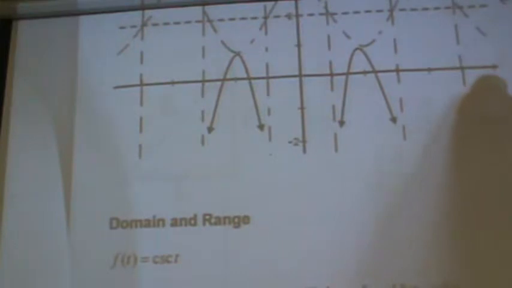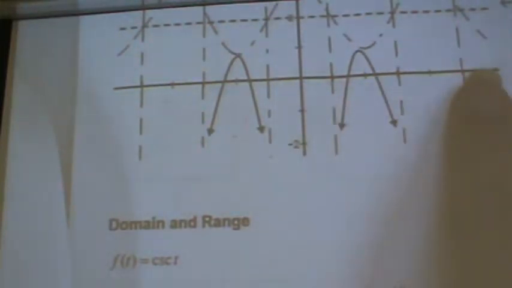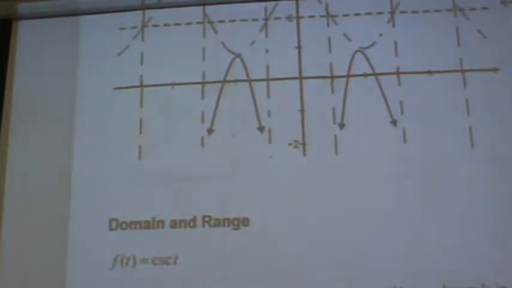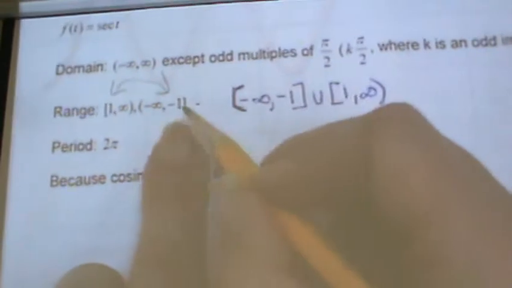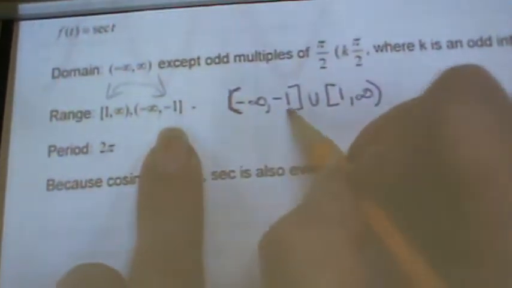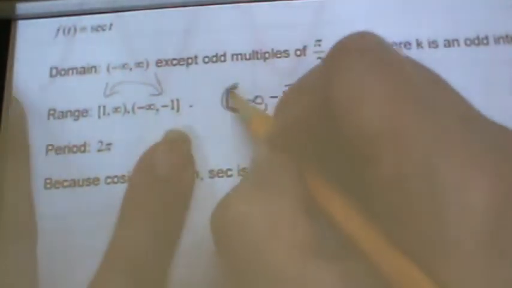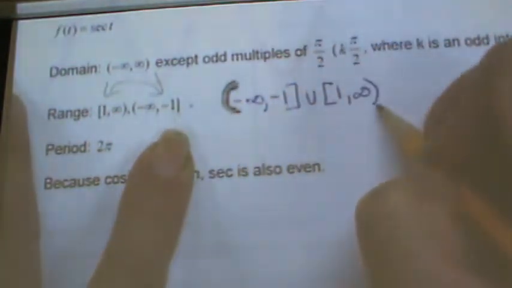So at odd multiples of pi over 2, you're going to have an asymptote. And again, this is messed up. Your range, this should be first. You do your lowest to negative 1 and then union, and there's always a parenthesis at negative and positive infinity.